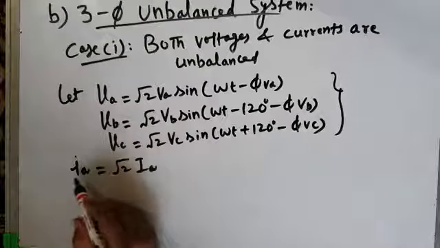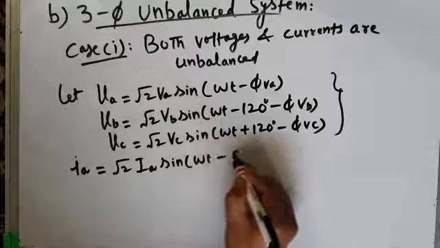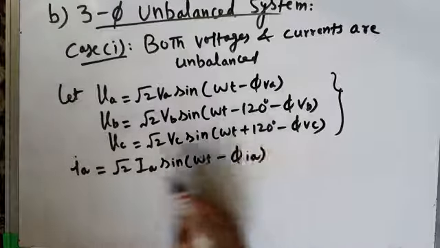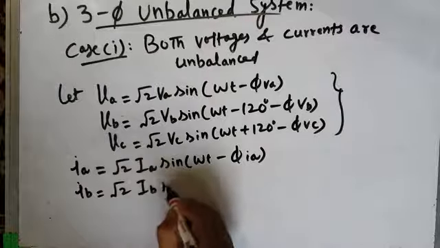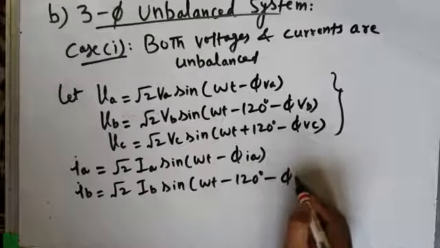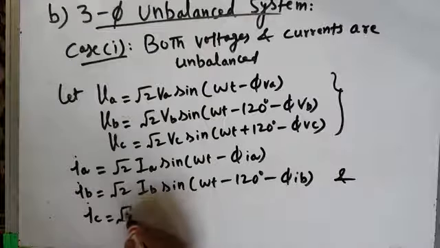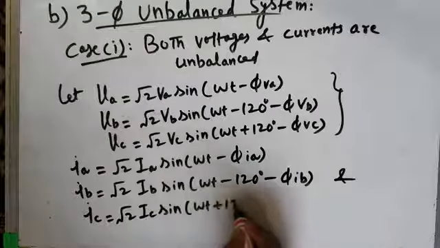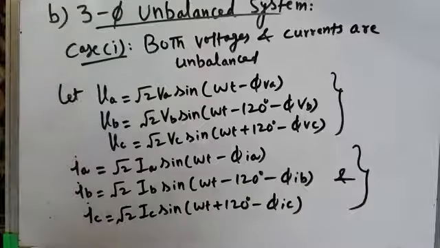So iA is equal to root 2 IA sine of omega t minus phi IA, where phi IA is the phase angle of current iA. iB is equal to root 2 IB sine of omega t minus 120 degrees minus phi IB, and line current iC is equal to root 2 IC sine of omega t plus 120 degrees minus phi IC. So this is the set of three-phase line currents.